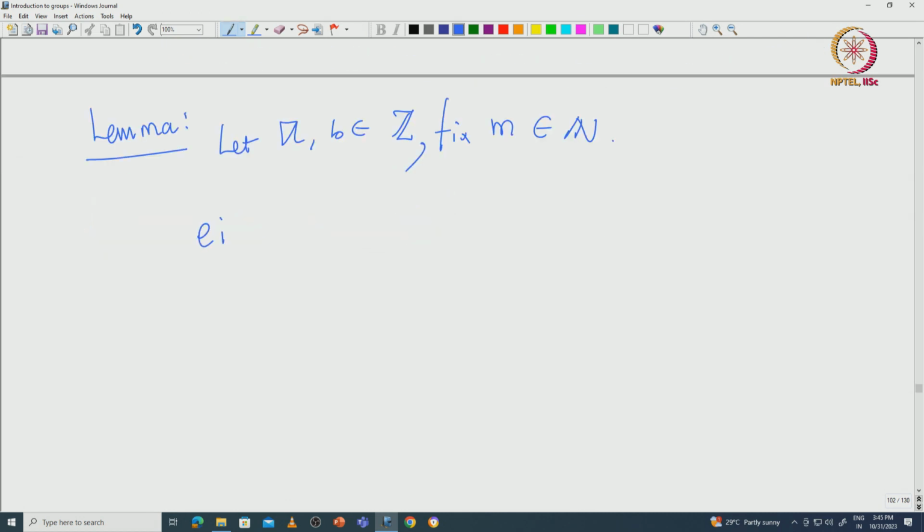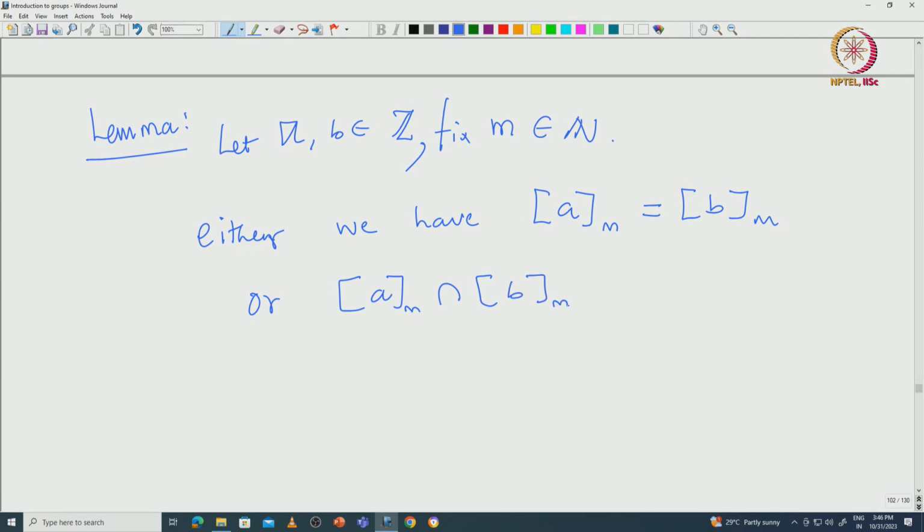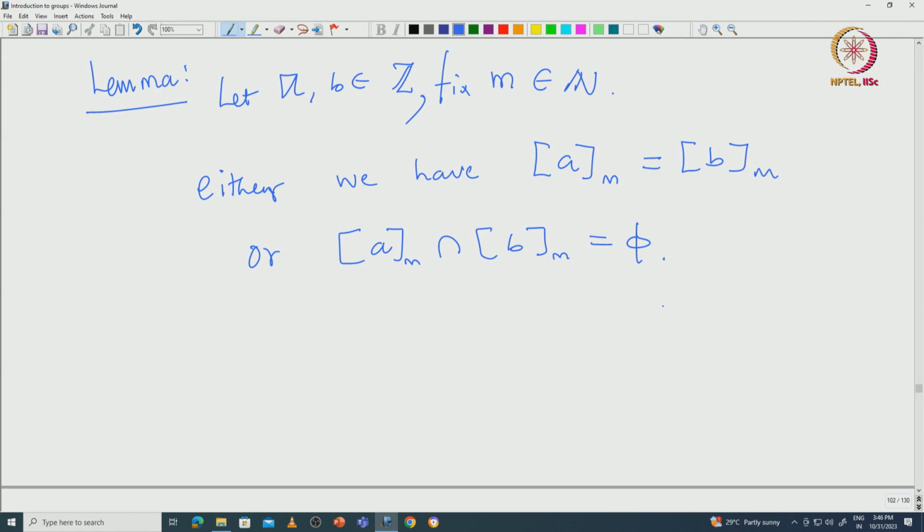Either the residue class of a with respect to m is equal to the residue class of b with respect to m, or they are disjoint. The intersection will be empty. Only one of the following happens: either they are equal or they are disjoint.